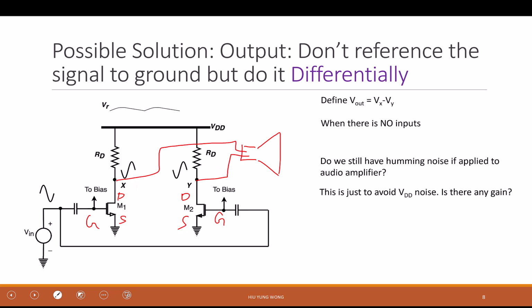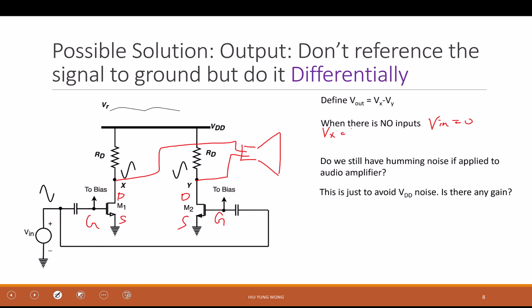Now, assume there's no input, it means Vin equals 0. So no one is talking, right? So what will be the output? First of all, what is Vx? We said earlier, no one talking, so they don't have effect.